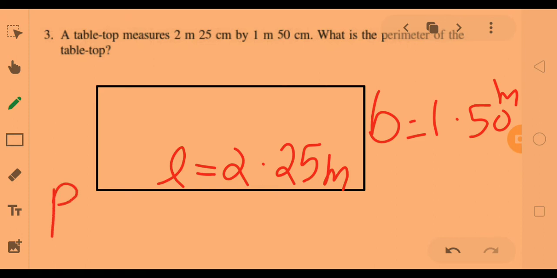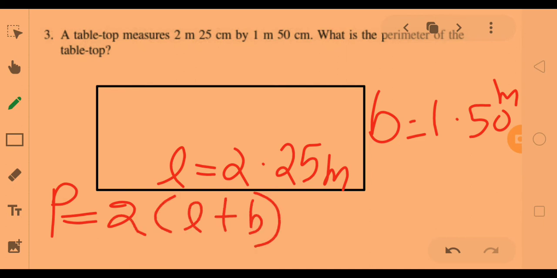We know the formula for calculating the perimeter. In short, perimeter can be represented as P. Perimeter of a rectangle is equal to 2 times (length plus breadth), which is equal to 2 times (length is 2.25, so let us write that into the bracket, 2.25 plus breadth is 1.50).